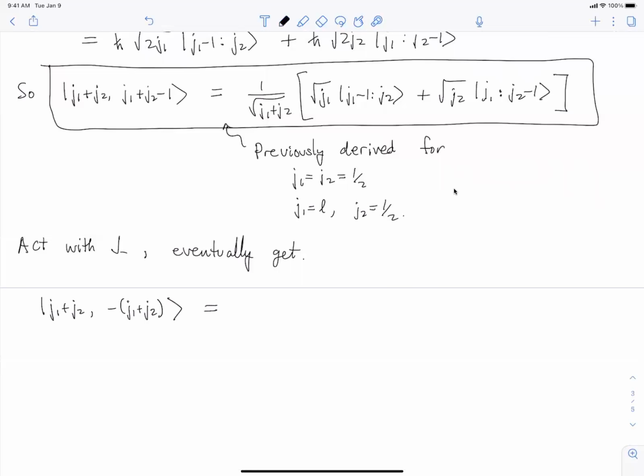If everything has gone correctly, as a check, this has to be equal to |-J1, -J2> in the product basis. If it turns out not to be true, then something went wrong, because this has to be true since it's unique again. It's the minimum possible J sub z. So this is an opportunity for a check.